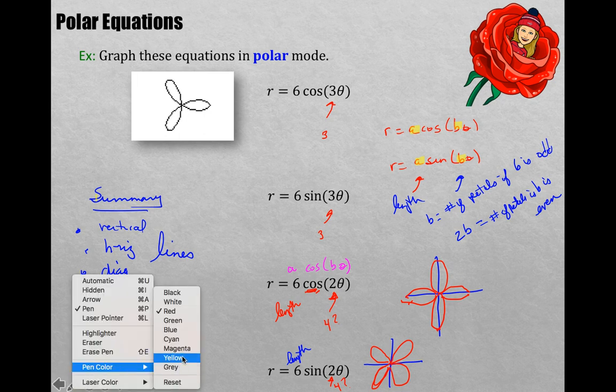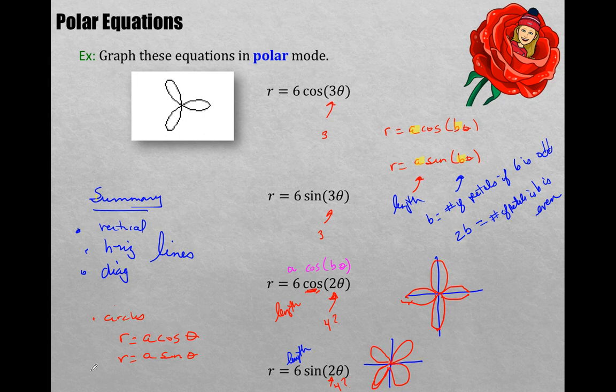Then we had our shapes that we don't recognize in rectangular form, right? We had that spiral, and we've now had roses. There are more, but for right now, these are the shapes that I want you to be familiar with.